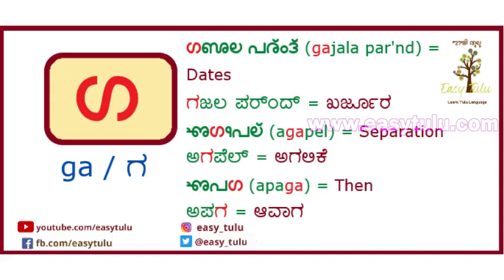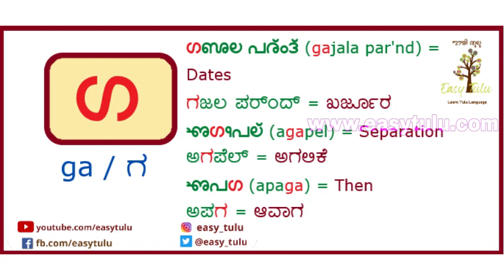Next one is Ga. Examples: Gajala Parandu. Gajala Parandu means dates. Kharjura in Kannada.